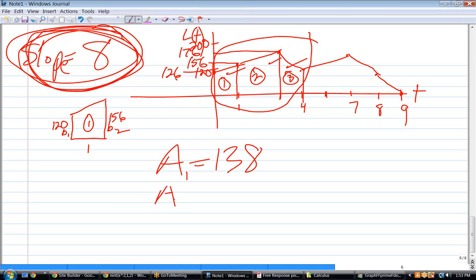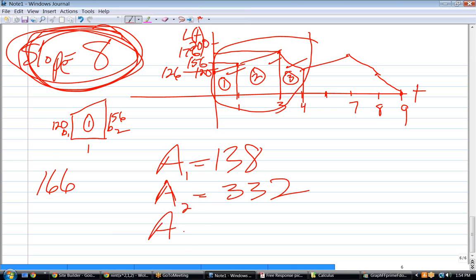What's the area of trapezoid 2? Our sides are 156 and 176, so the average base is 166. And since the height is 2 there, it's 332.